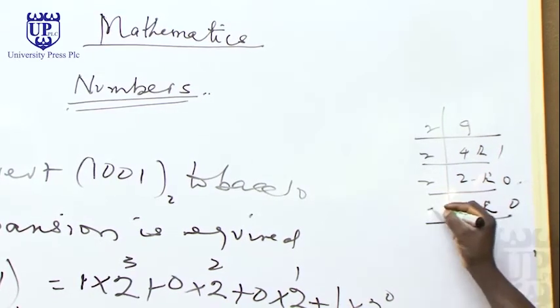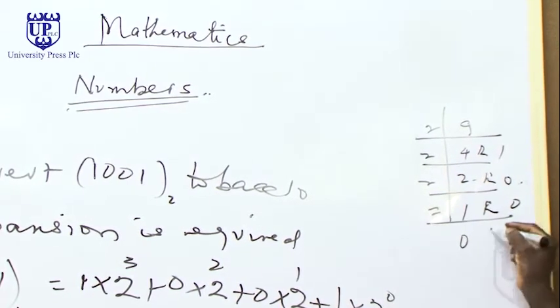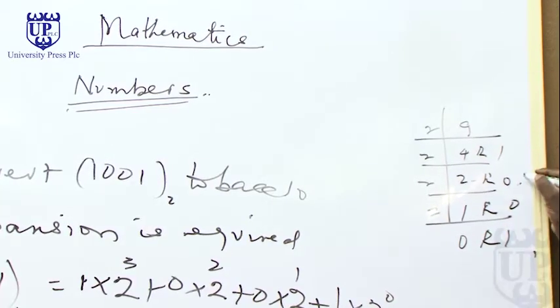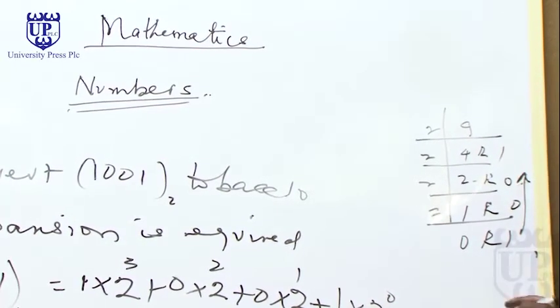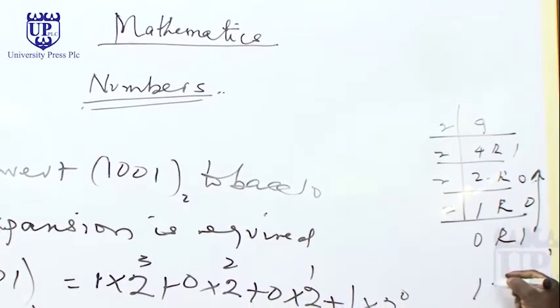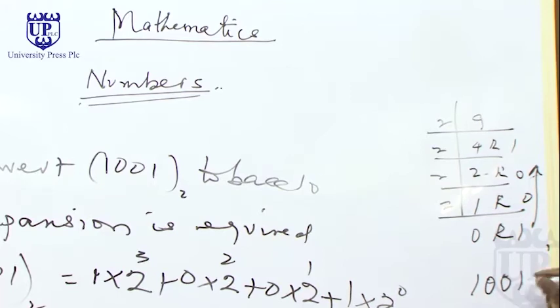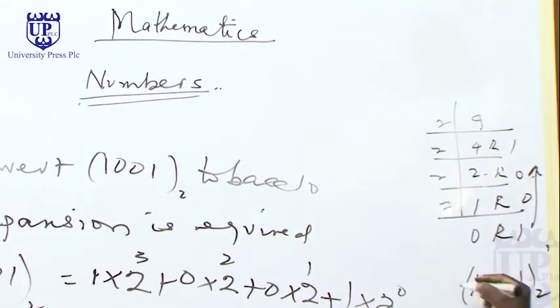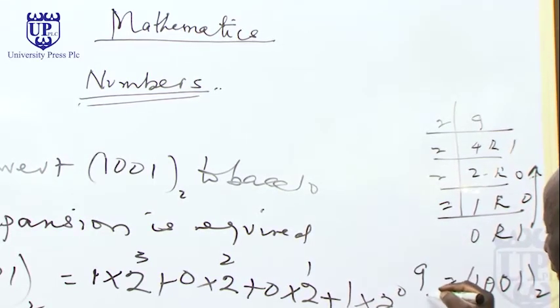Then 2 again until you are tired. 2 in 1 is 0, remain 1. But we normally write it in this direction. This is 1, 0, 0, 1. 1, 0, 0, 1 base 2. That is 9 base 10.